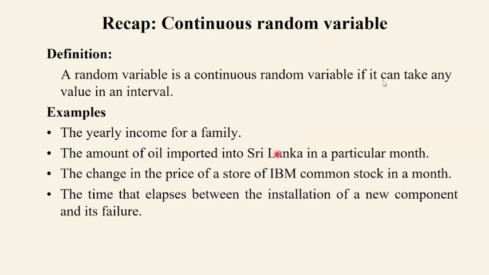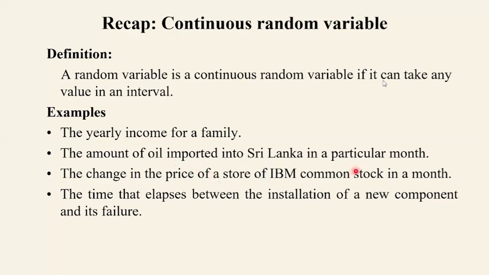So for example, for the continuous random variable, the yearly income for a family, right? We are measuring our income with rupees and cents, right? The amount of oil imported into Sri Lanka in a particular month.